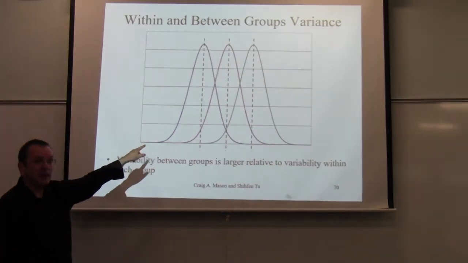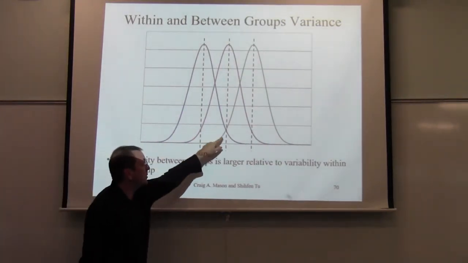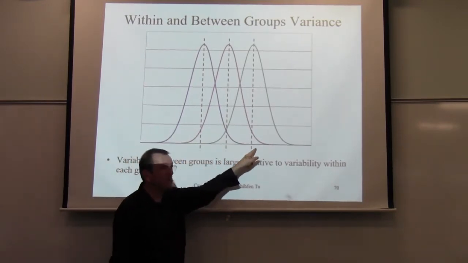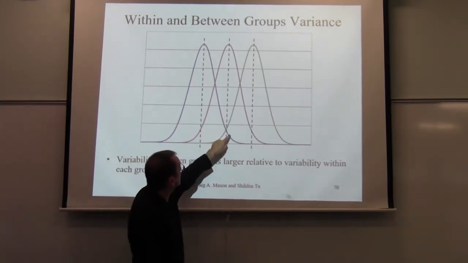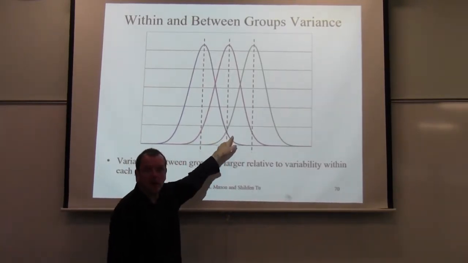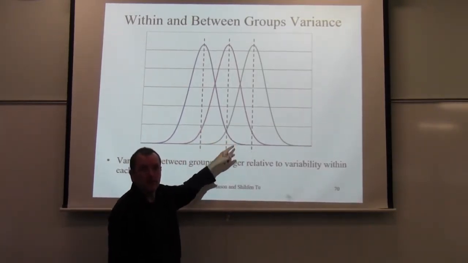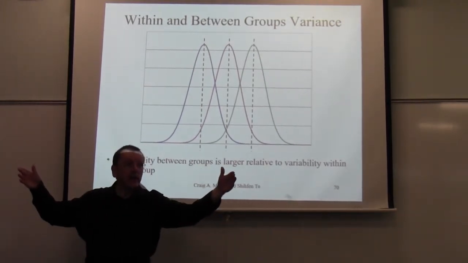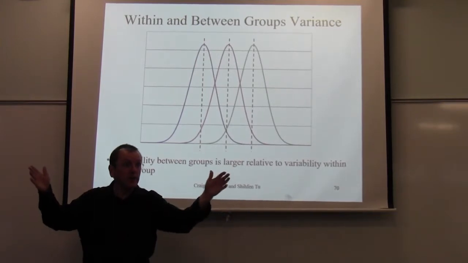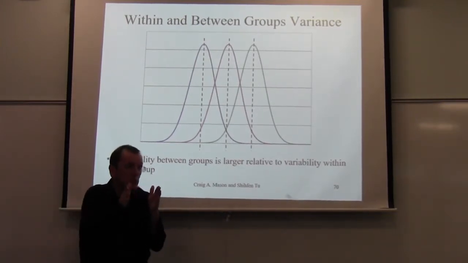On the other hand, what if it looks something like this? Same variability within each group, but now the variability between the groups is huge. In fact, look at these two. The blue curve and the green curve barely overlap at all. So the variability between the groups is now much larger compared to the variability within each group.